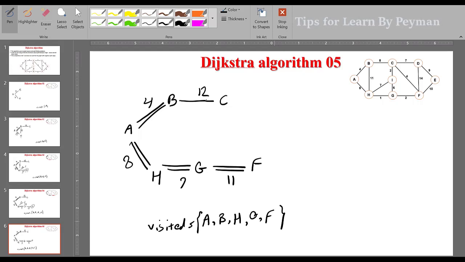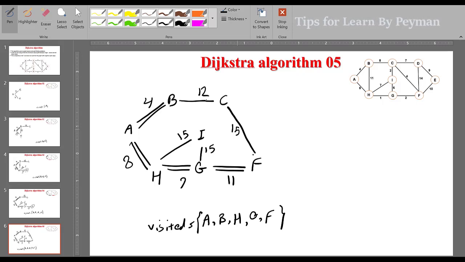Here we open this. Okay, we have I from here 15 from both sides. From H and G we have 15, and when you open the F, we have a 4 value here to C. So 4 plus 11 would be 15.